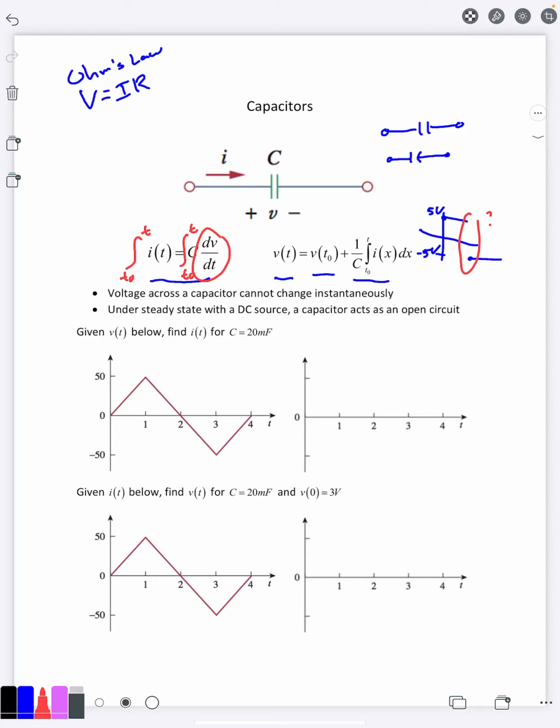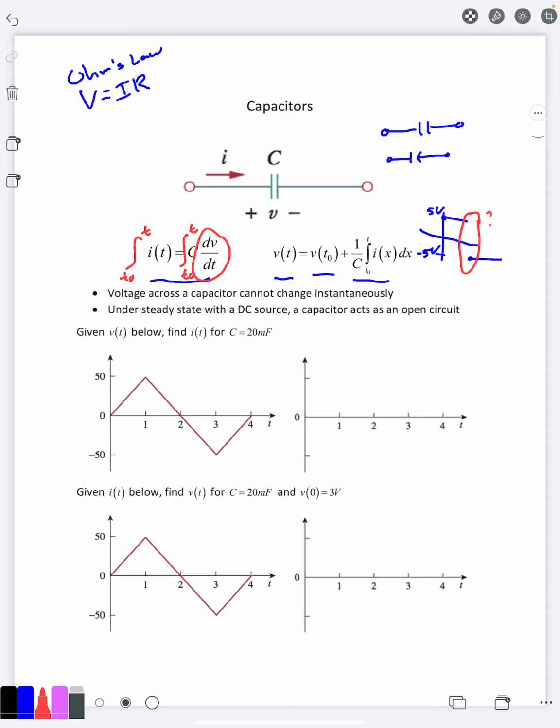I will say, however, that the current across a capacitor can change instantaneously, and the voltage can change very quickly. Maybe the voltage will change over a time period of a couple hundred milliseconds. That's certainly possible, but it cannot change instantaneously. So you're not going to have any discontinuity happening for a capacitor voltage.